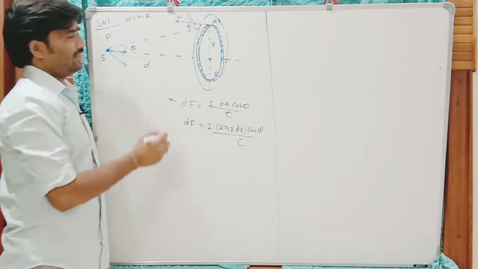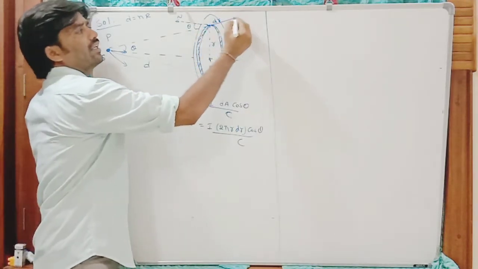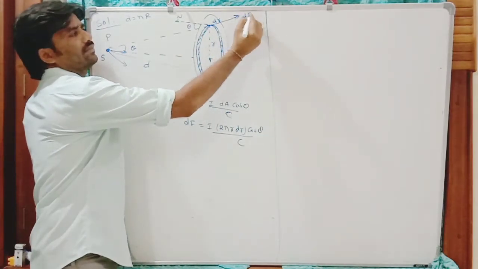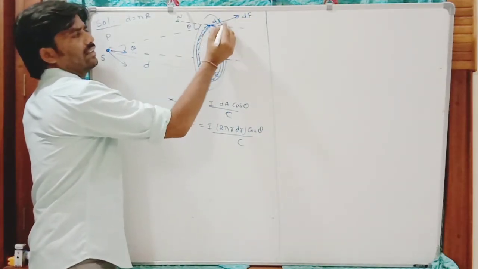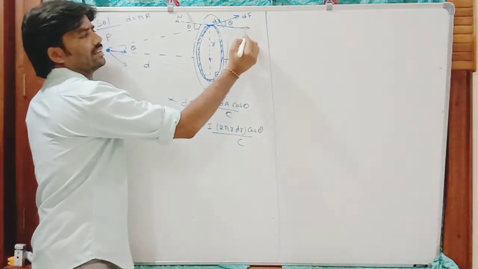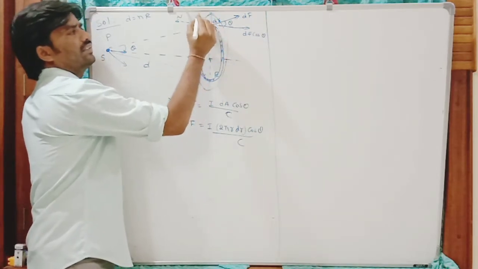Clear? What is the direction of force experienced by this ring at this position? Here it is in the direction of incident radiation. This is dF. If I extend this line, this is also theta. Now the component of this force in this direction is dF cos theta, and in this direction dF sin theta.